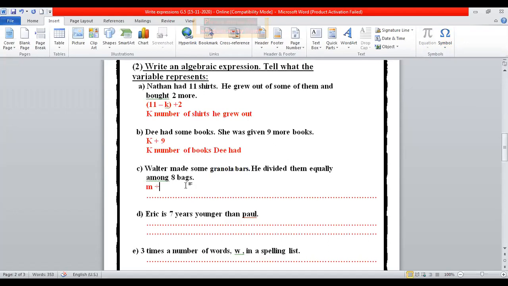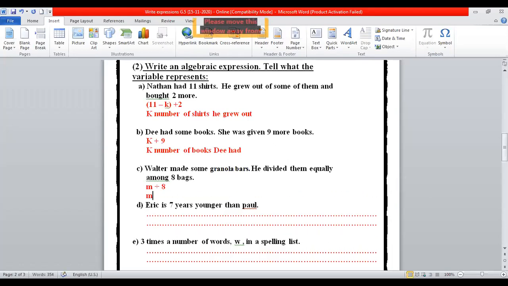So it is M divided by 8. And the M here represents the number of granola bars Walter made.